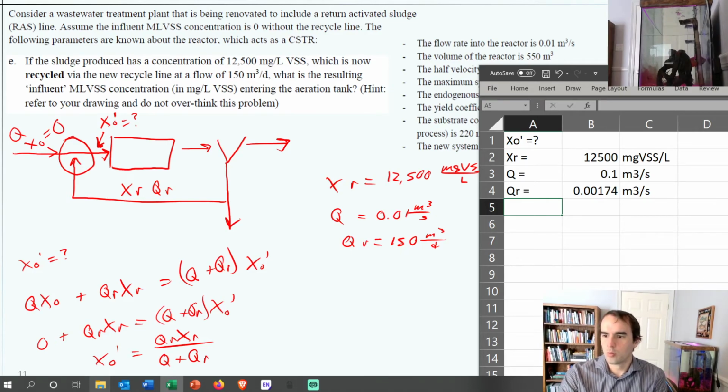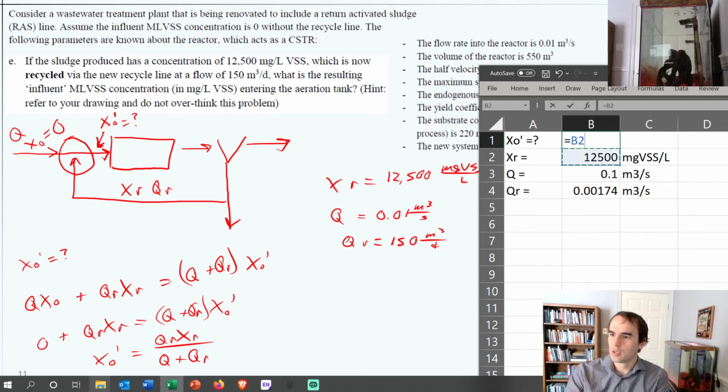So we can solve for what we're asking for and say this is going to be equal to QR times XR divided by QR plus Q.